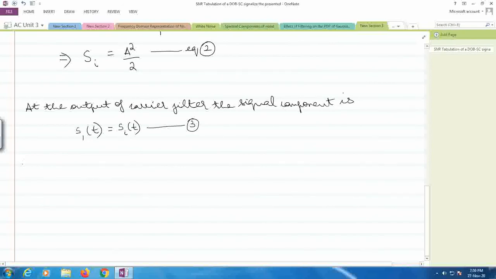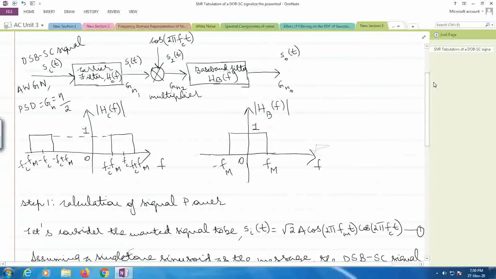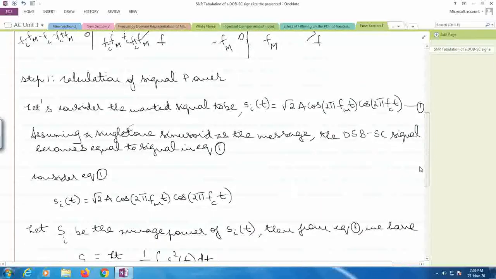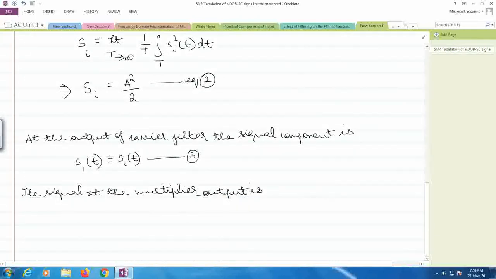Now the signal at the multiplier output is simply S2 of t, and this S2 of t is nothing but S1 of t times cos 2πfct.